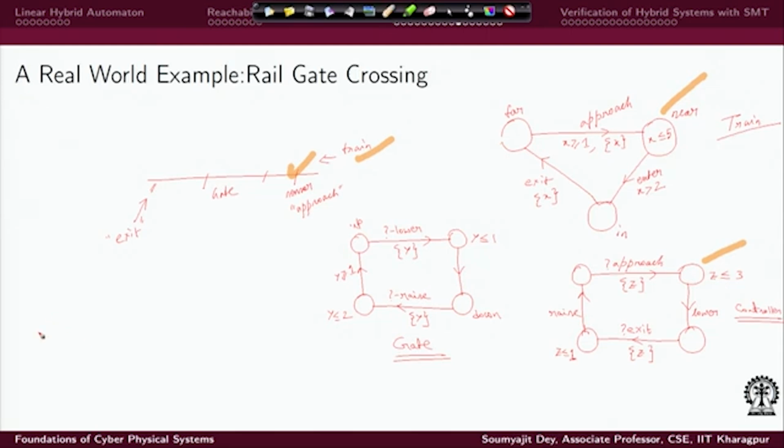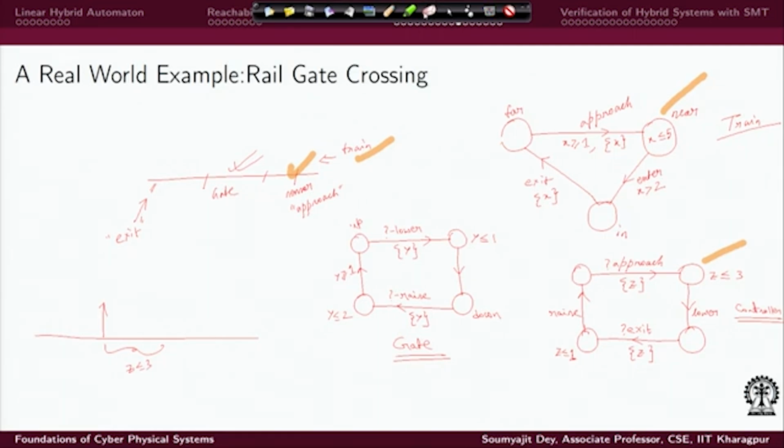So, it is something like you have a timeline, an approach event has happened and you are monitoring z less than or equal to 3, and also the train must, within x less than or equal to 5, definitely change from its near state and really enter the gate, right. It will really enter here, and that is known to the designer of the system here.